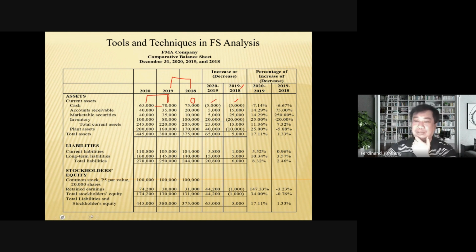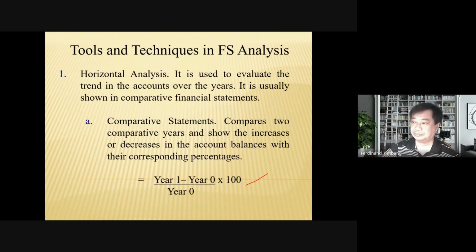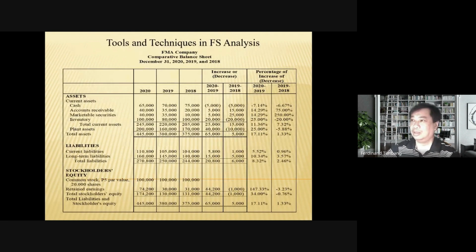But if you look at the percentage naman, no, if you use this formula, yan. So meron tayong 70 minus 75, then divided by 75 times 100. No? So you get 6.67%. So this one, 65 minus 70, then all over 70. So you get negative 7.14%.